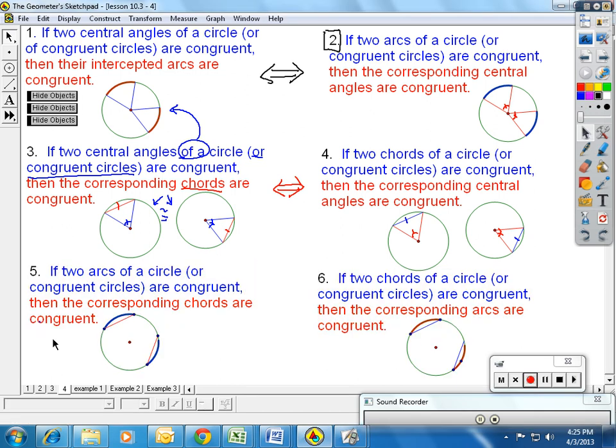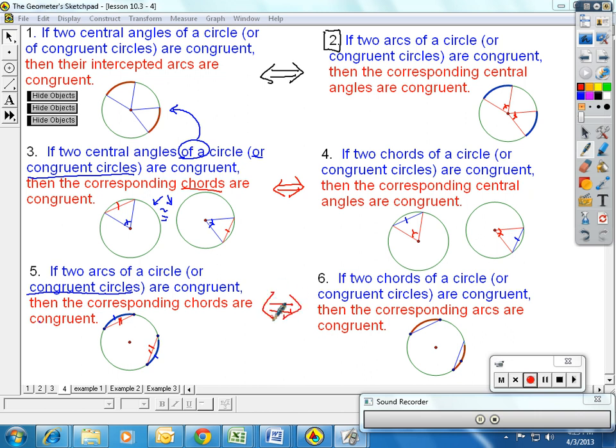And last of all, 5 and 6. Now we have arcs. If two arcs of a circle are congruent, or congruent circles, I'm just showing the one case here in the one circle. So if I've got two arcs in the same circle that are congruent, then I can conclude that their corresponding chords are congruent.